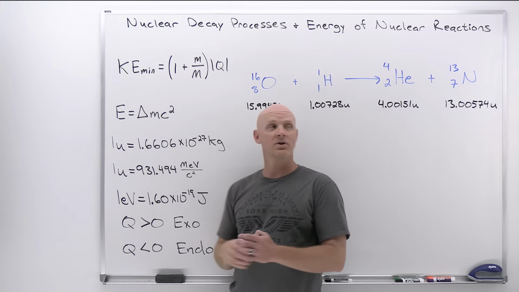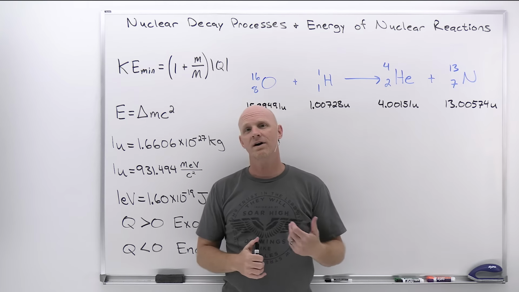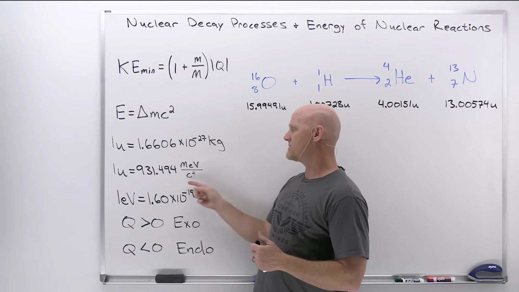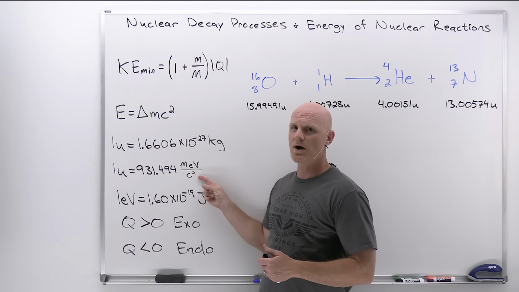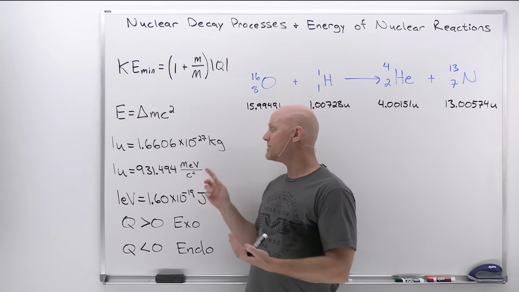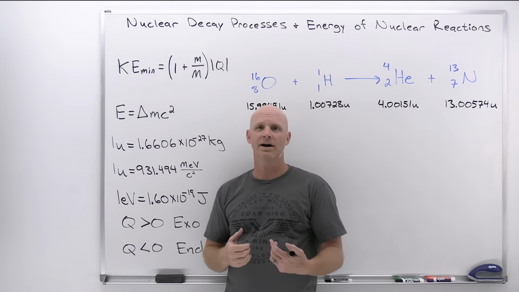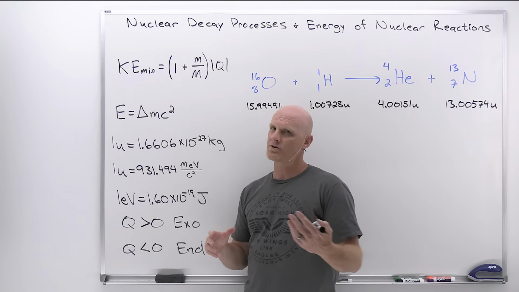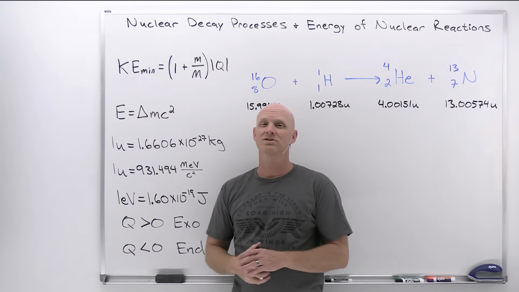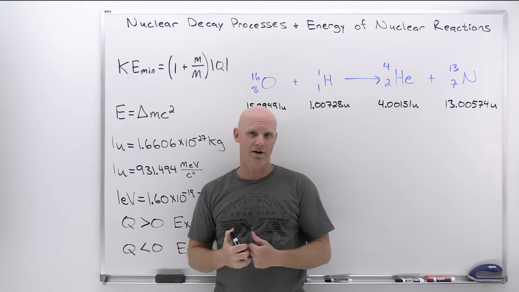And so if you calculate your difference in mass in unified mass units and then convert it into mega electron volts per c squared, well then your Q value would be that same number of simply mega electron volts, after you multiplied by c squared in that equation. So a much easier way to go, and the route we're going to go.